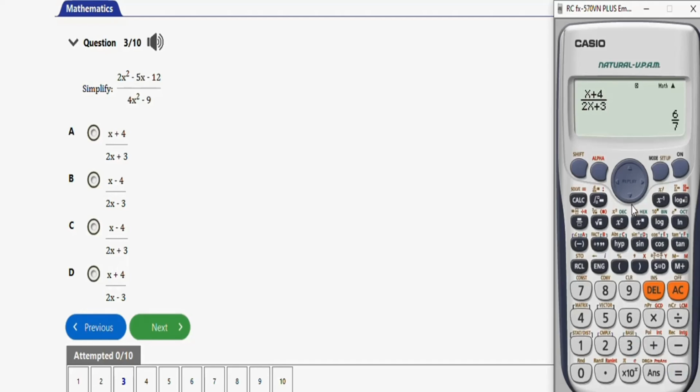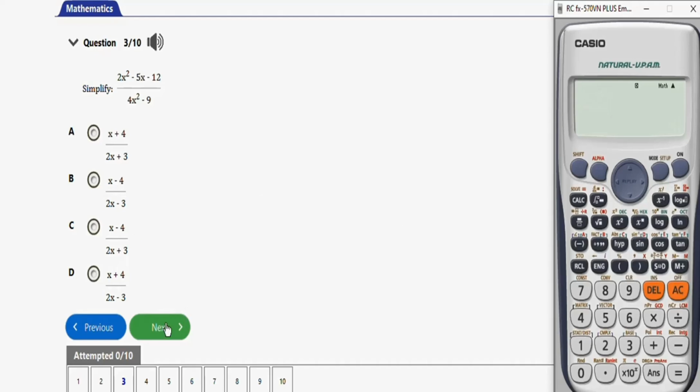No. So let's take option B. Let's adjust this here. So remove this and put minus. Okay, so we have 2x minus 3 here. Exactly, so the right option for this question is option B. It's as simple as this.